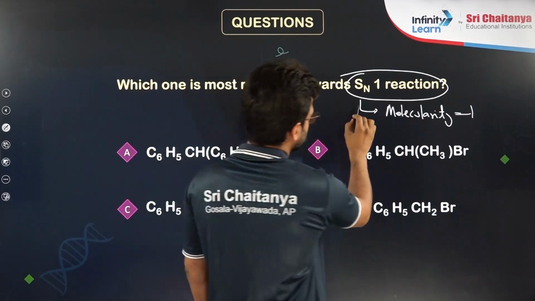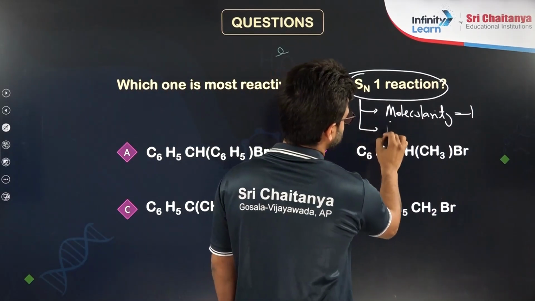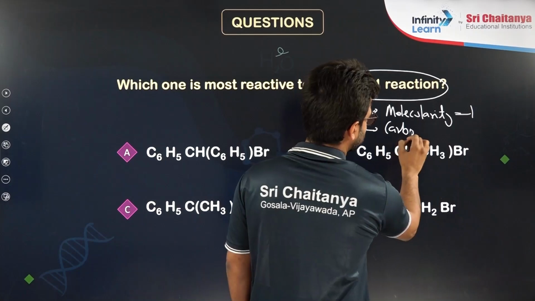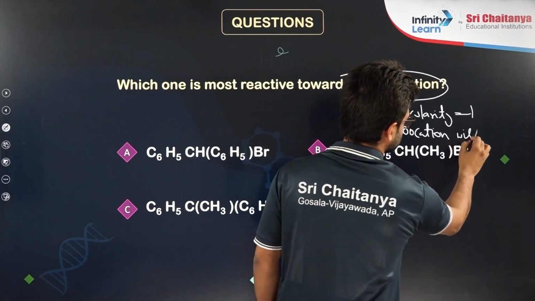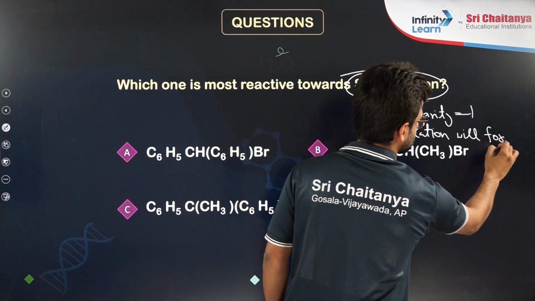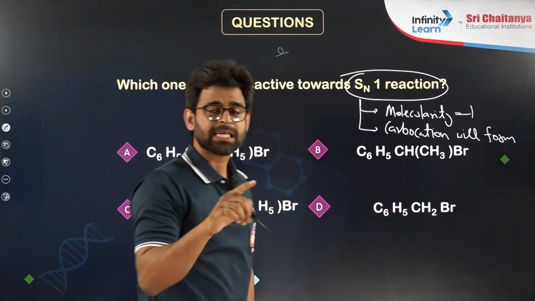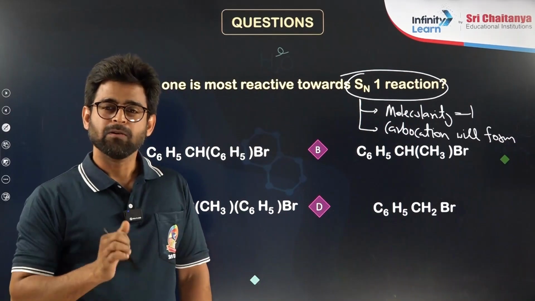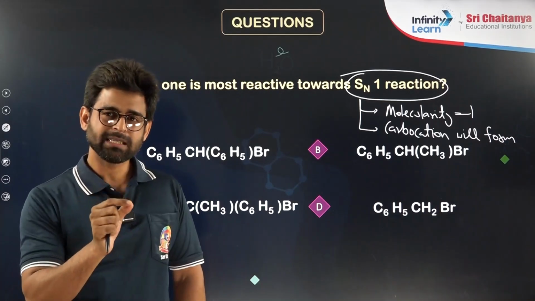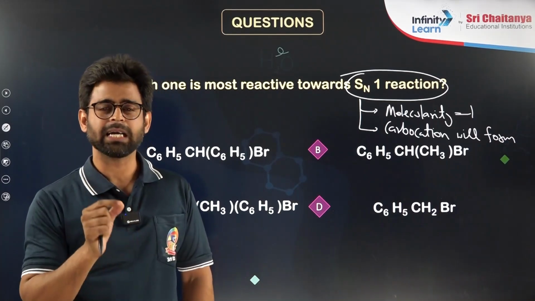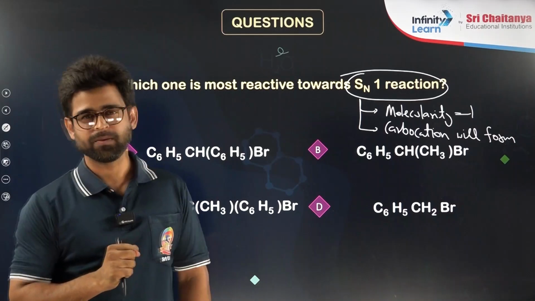And the most important point, in the SN1 mechanism, a carbocation will form. So the carbocation stability, that is the intermediate, will decide which compound will be more reactive or less reactive. The higher the carbocation stability, the higher the reactivity for SN1.